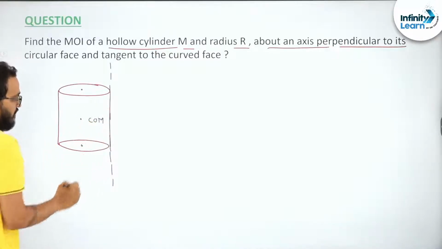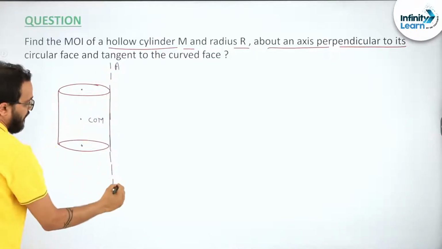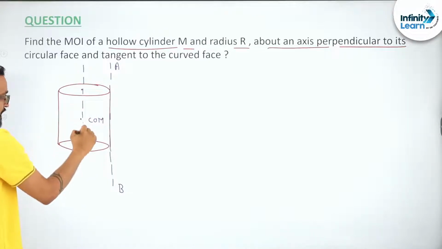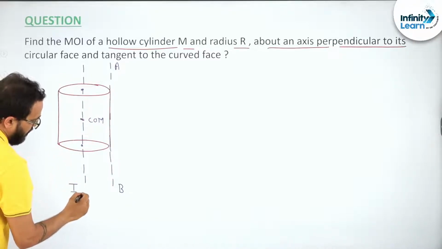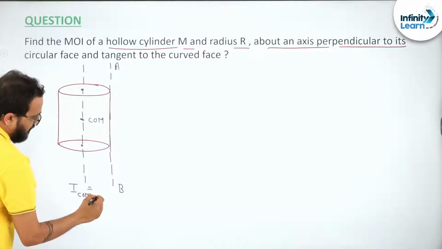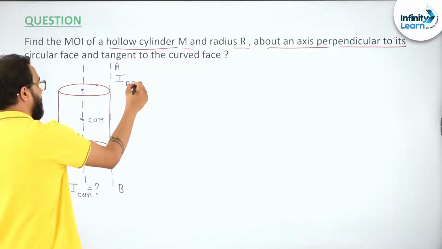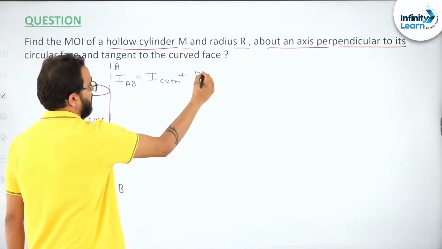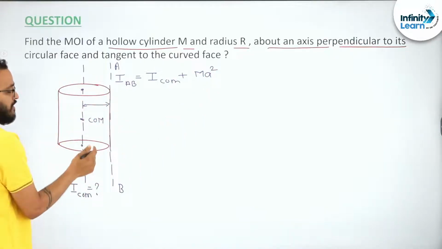So we need an axis which passes through the center of mass and is parallel to the axis AB about which we need to find the moment of inertia. So definitely we will take an axis passing through the center of mass. Now this is the central axis, and I suppose everybody knows the moment of inertia about this. So what is I_AB? I_AB will be I_COM plus M a square. Now you tell me the perpendicular distance between these two axes.